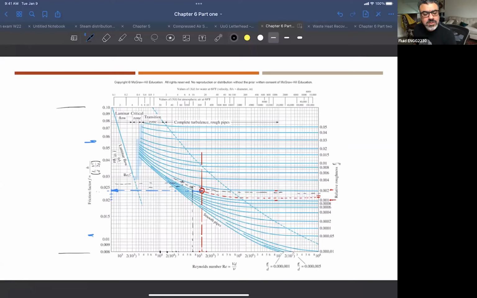So 0.001 and 0.01 are very small values here. So it's something around here, for example, okay? I'm not saying you have to really assume this, but if you assume even a wrong number, you're just going to spend a lot of time reiterating, okay? So we just assume a value we want.